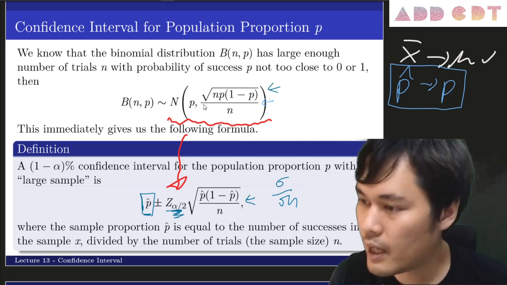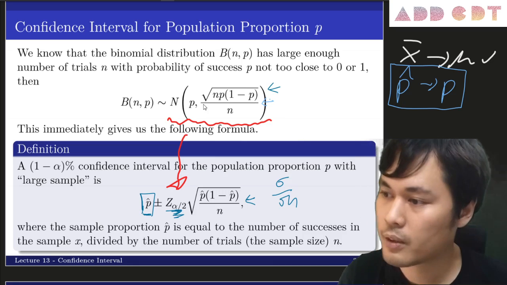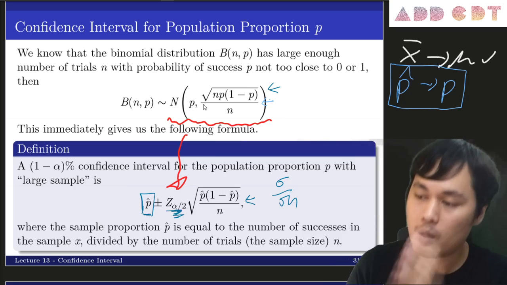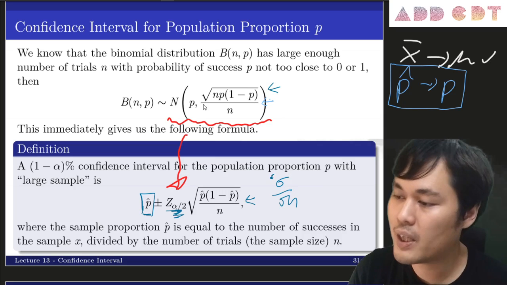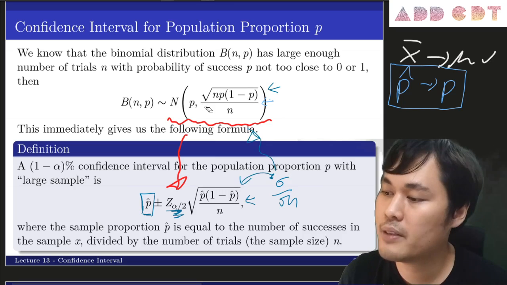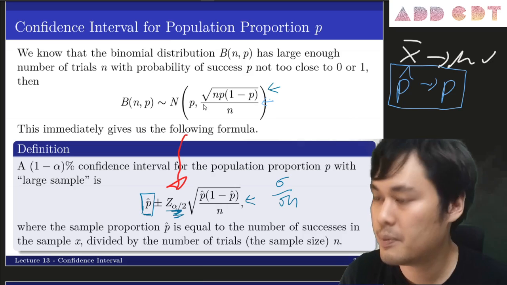Sorry. If we put here sigma over square root of n, we still have the same sigma over square root of n, but we can get sigma from that formula, and that sigma turns out to be p times 1 minus p.